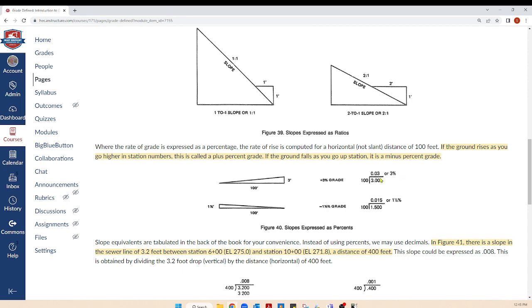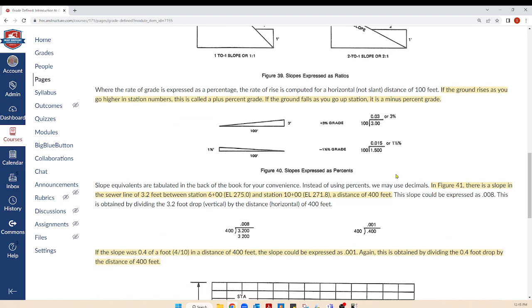So if you want to convert a decimal and express it as a percentage, multiply it times 100, or just move the decimal to the right. So when we multiply it by 100, it would be 3%, as you see here.